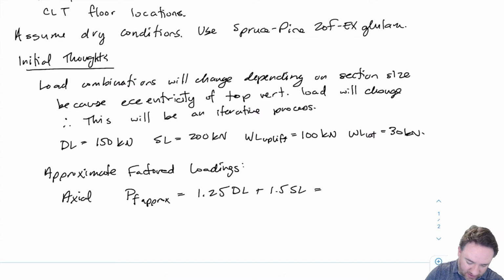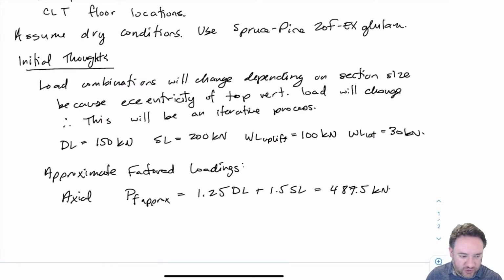If we do that calculation, we're going to get 487.5, too many sig figs, but 488 kilonewtons. So that gives us a rough idea of what my maximum compression load is going to be. That's probably the load case that would govern.